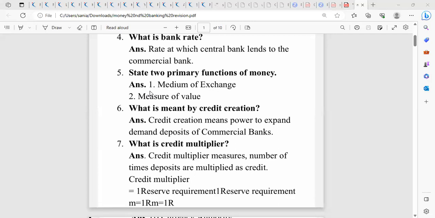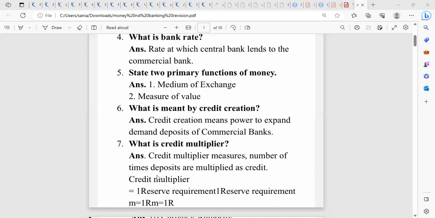Ma'am, could you explain the credit multiplier? Credit multiplier is nothing, it's the money multiplier only. Over here they have just changed the wording. Credit multiplier measures the number of times a deposit is multiplied as credit.